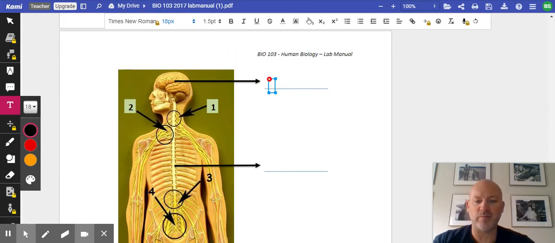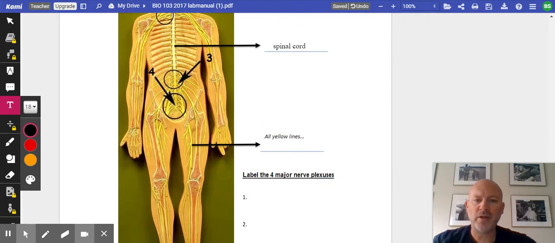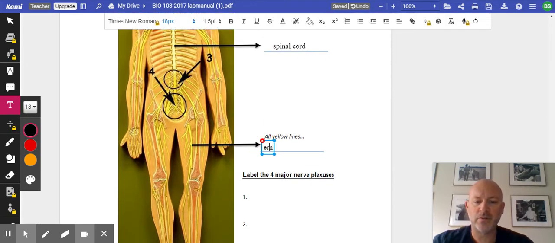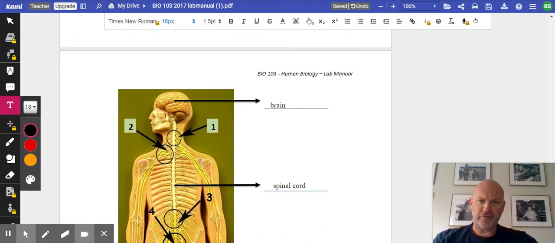Well, first of all, this is the brain. Let's label the brain. And this is the spinal cord. All the yellow lines in here are going to be nerves. And then we have the four major nerve plexus.